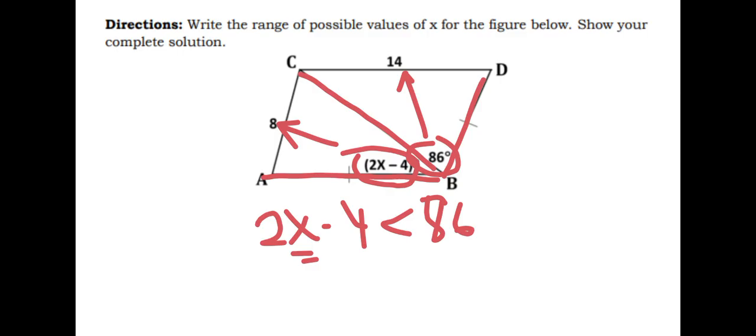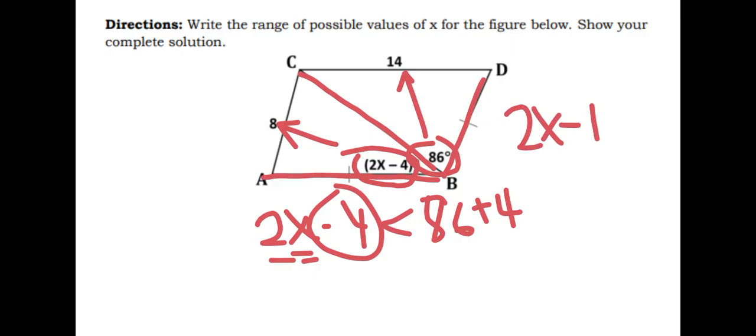So from here, you can get the value of x. Okay? So if you have the value of x for this one, you just transpose negative 4, then add it to 86, then divide it by 2. For the next inequality, you'll have 2x minus 4 must be greater than 0.